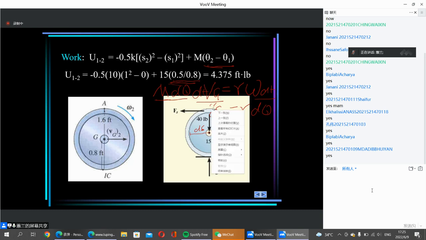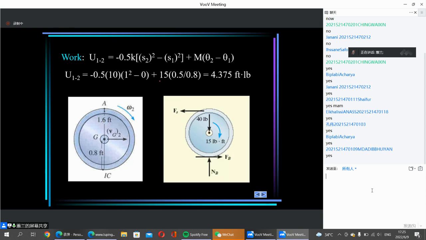Okay, so except for the moment, we also have the spring force. This is the spring force, right? And here S1, because at the initial stage it's unstretched, so S1 equals 0.